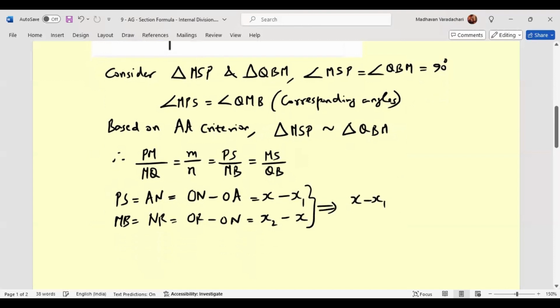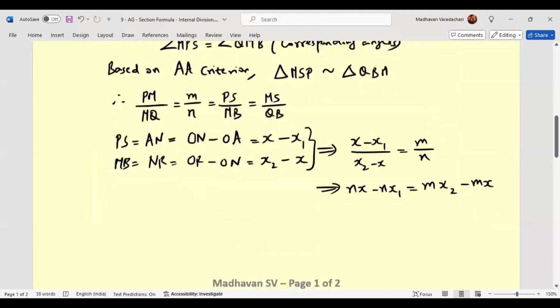So therefore, based on these two, we can say (x minus x1), which is PS, divided by MB, which is (x2 minus x), should be equal to m by n. That means nx minus nx1 is equal to mx2 minus mx. So let's bring this mx to the left-hand side.